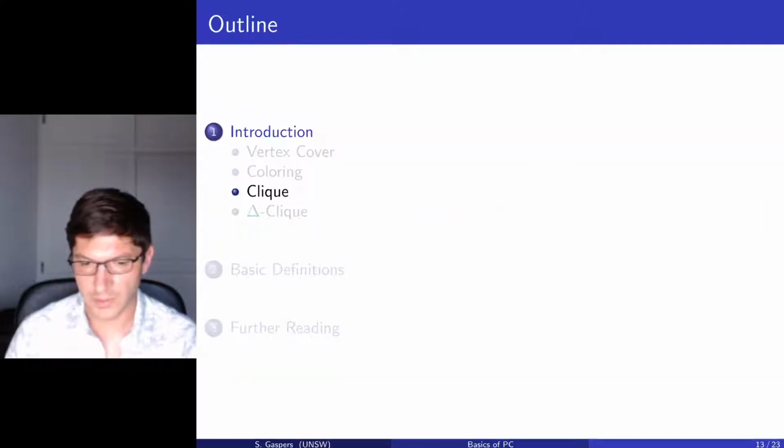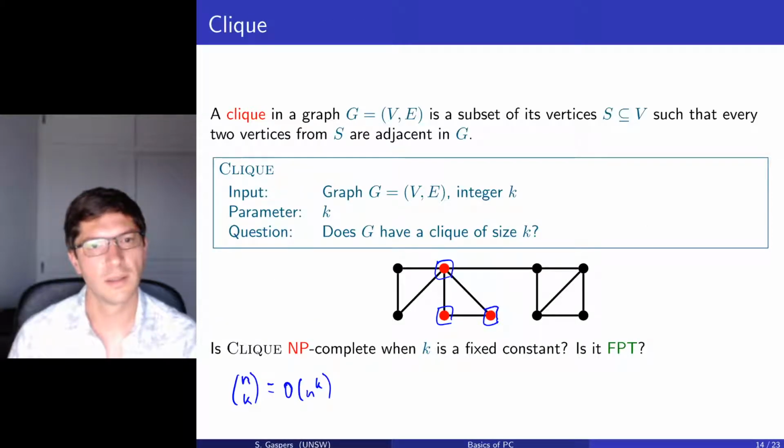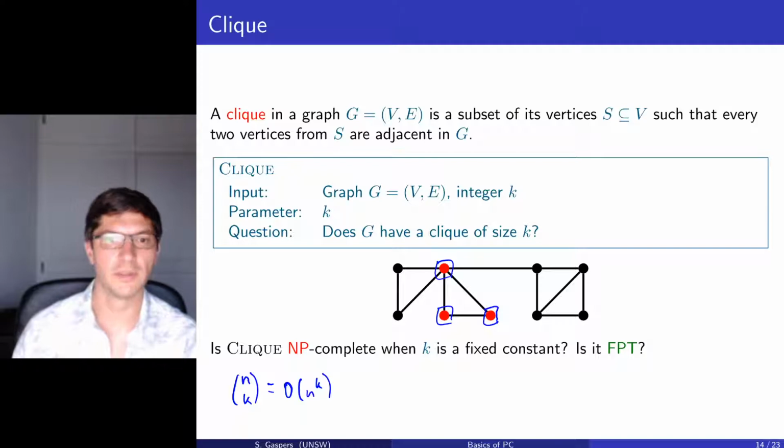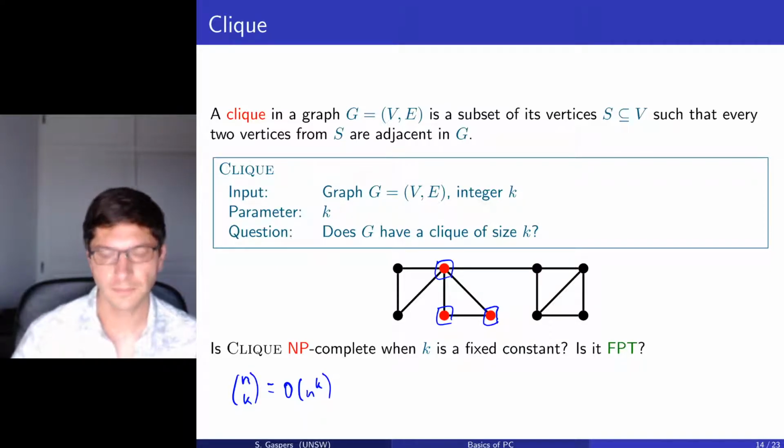So the same reasoning we had for coloring does not work, because for coloring we had that coloring is NP-complete when k equals 3, whereas clique is polynomial-time solvable when k equals 3, or any constant. So we cannot rule out that clique is FPT by the same reasoning as for coloring. So could it actually be that clique is FPT?